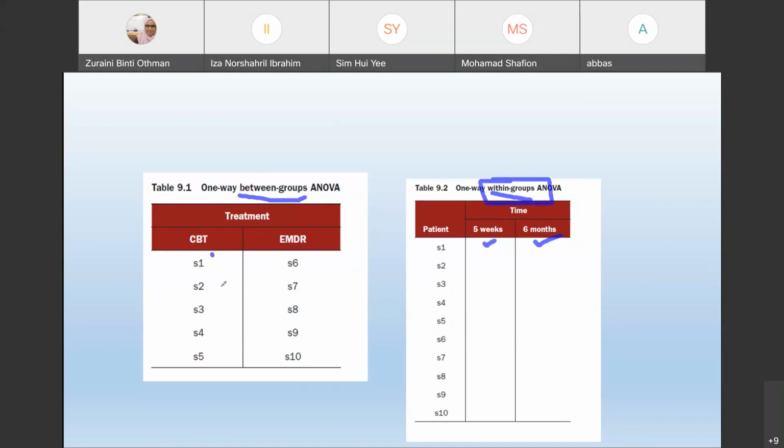But between groups, the two different groups will not receive the same treatment, whereas this group only receives one treatment, measured at 5 weeks and again at 6 months. This is what we call within group and between group. So far so good.